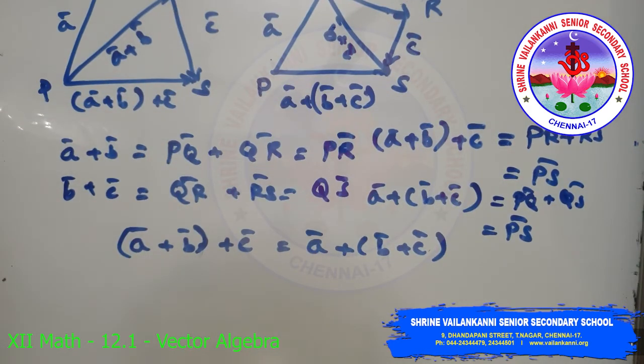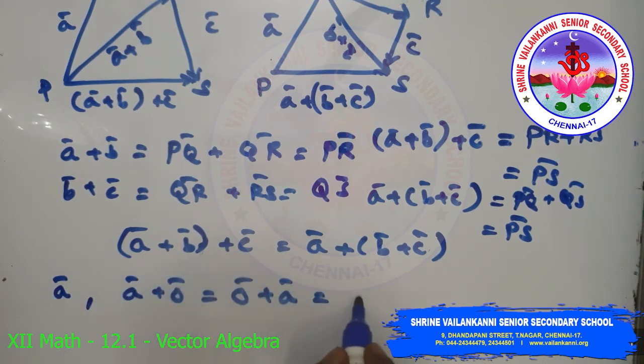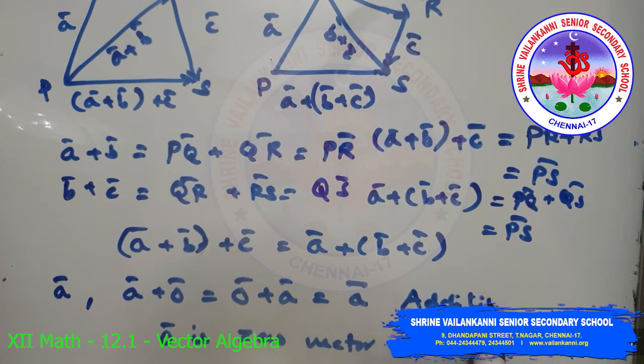Without using the brackets, we can write the sum of the three vectors as A plus B plus C. For any vector A, we have A plus 0 equal to 0 plus A equal to A, where 0 is called the zero vector, which is the additive identity for vector addition.